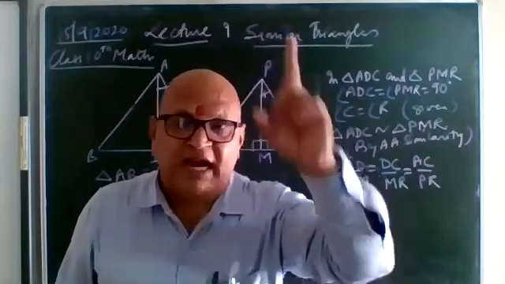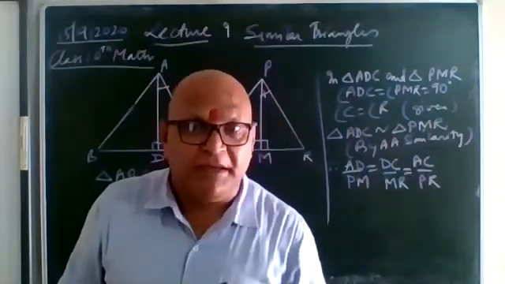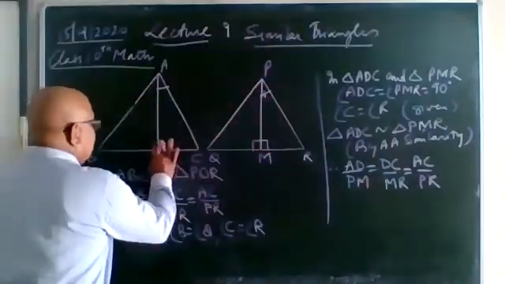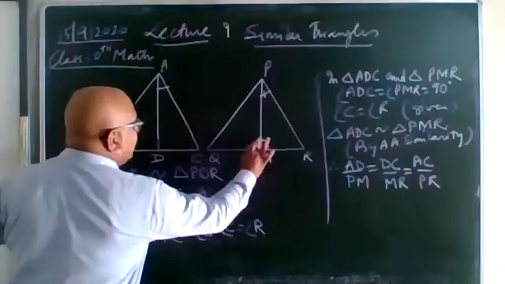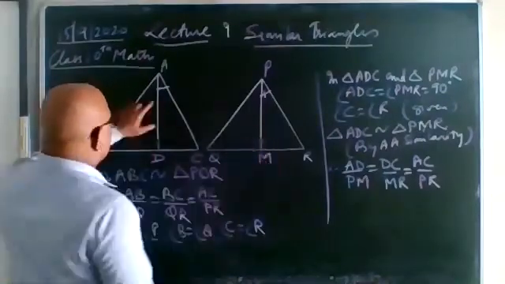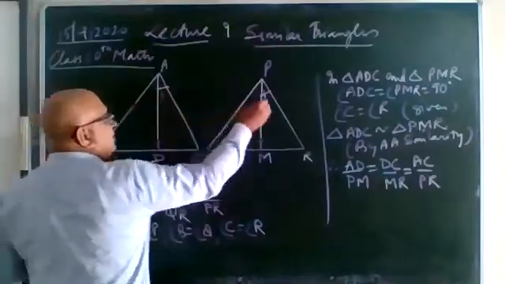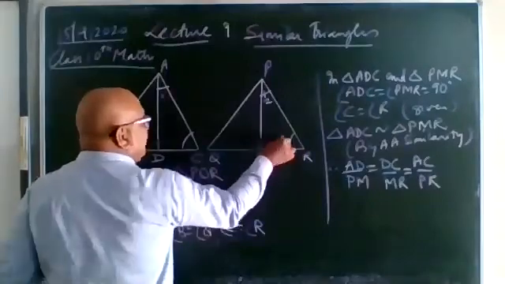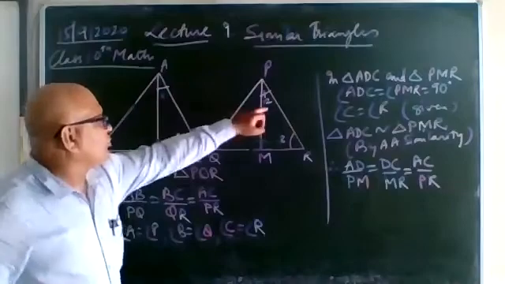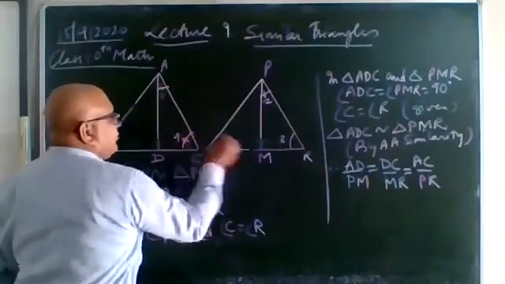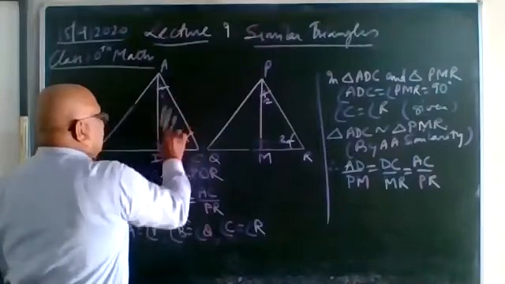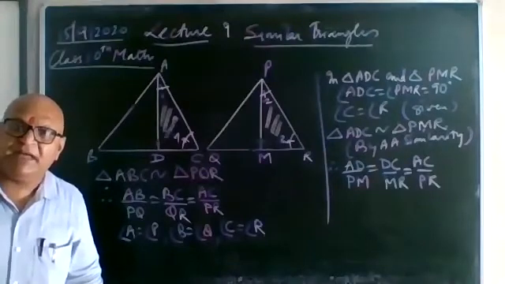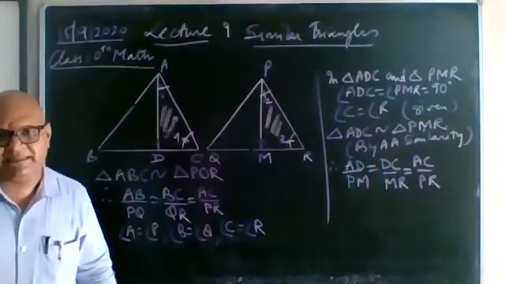So half of angle A equals half of angle P. Then if I say this angle is 1 and this is 2, this is 3 and this is 4, 1 equals 2 and 3 equals 4. So these two triangles are similar by double A similarity in case of angle bisector.